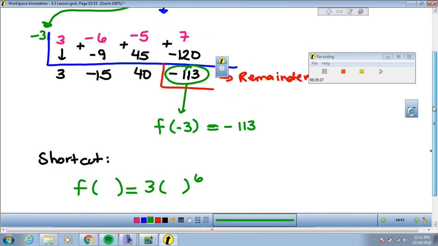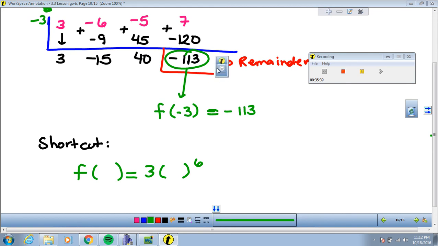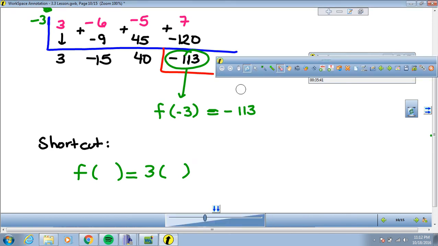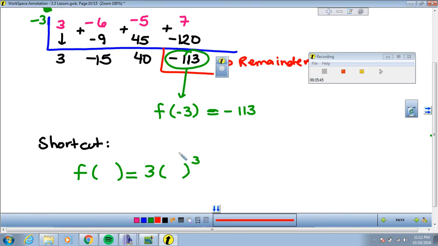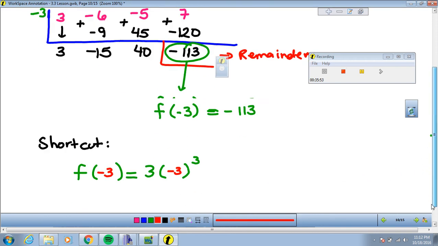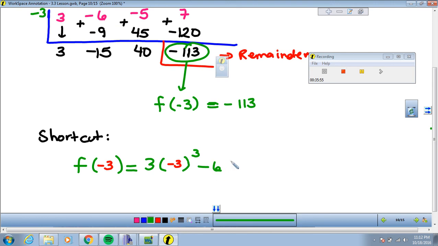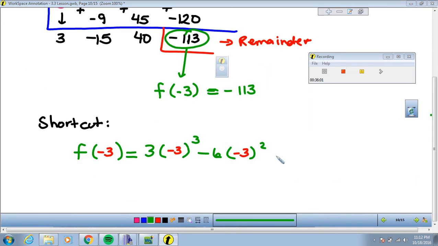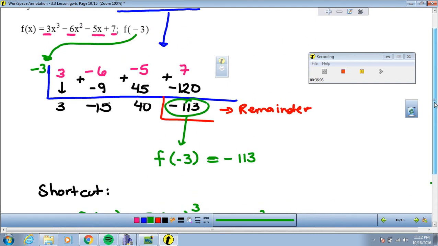Sorry, I put a 6 and it's a 3. So here I'm going to be putting a -3, minus 6 times parentheses -3 squared, minus 5 times -3, plus 7.